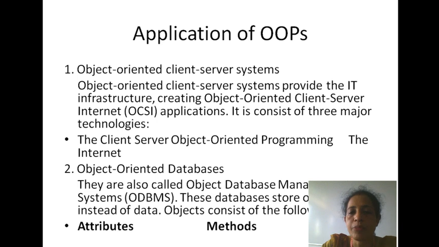Next one is the application of object oriented programming, means where we can apply it. When we have to create an object oriented client server system, then we can use object oriented programming. Next one is object oriented databases.